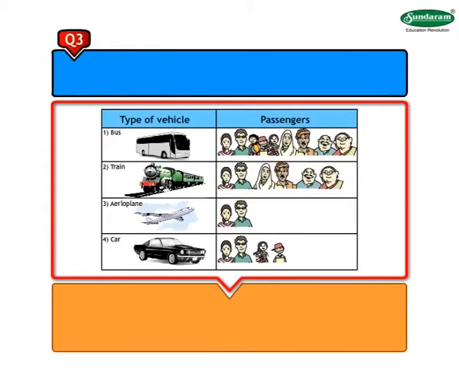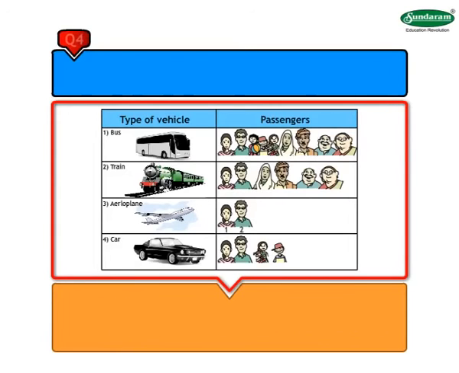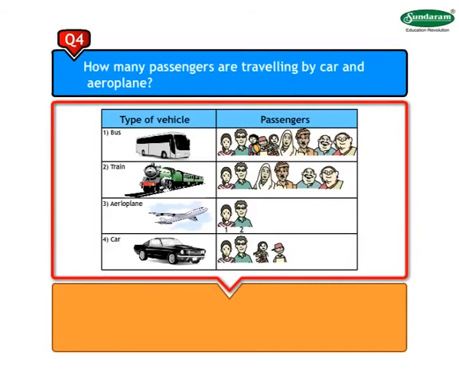Question 3. How many passengers are traveling by an aeroplane? The answer is 2 passengers are traveling by aeroplane. Question 4. How many passengers are traveling by car and aeroplane? Answer. Count the passengers traveling by aeroplane, that is 2.